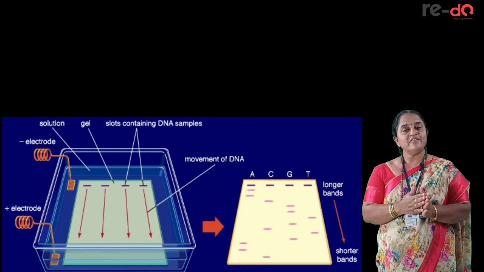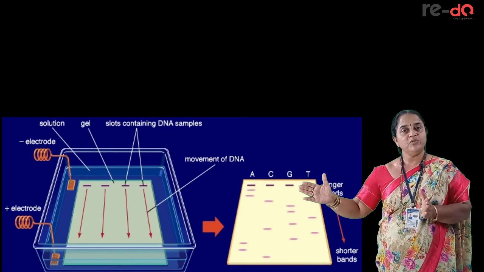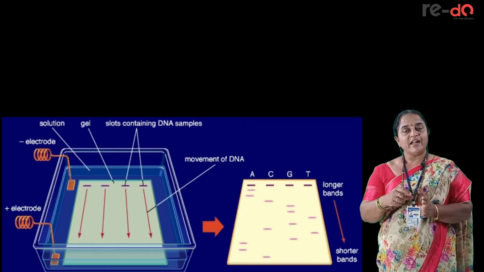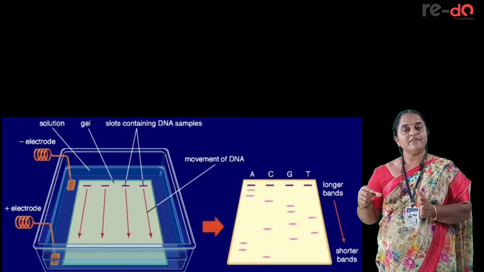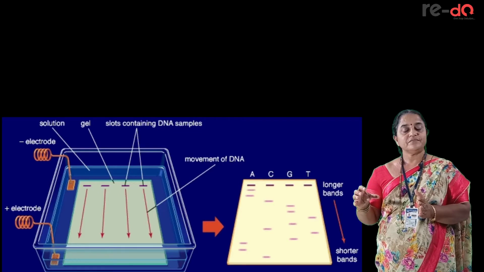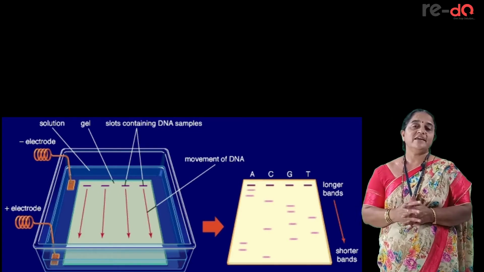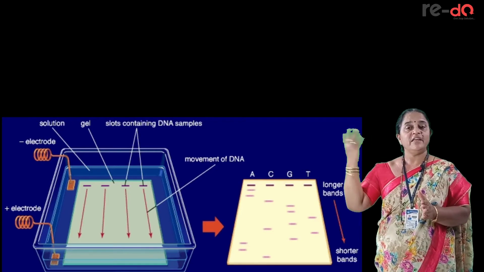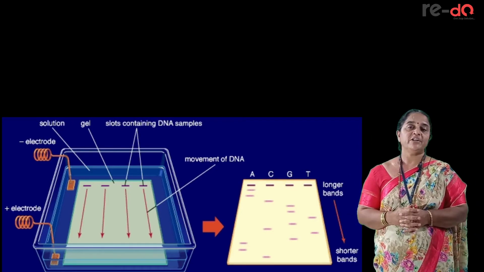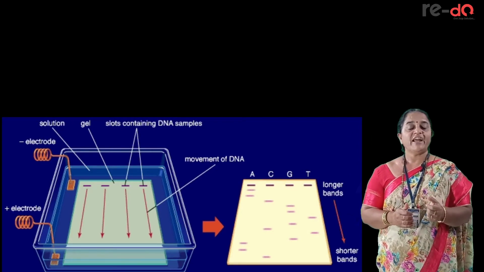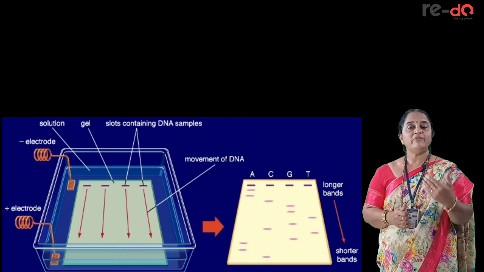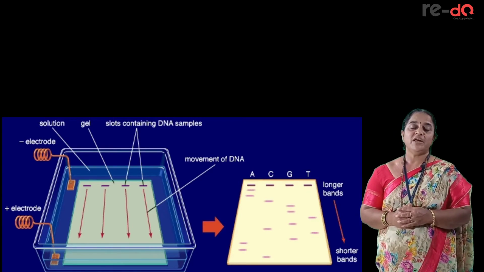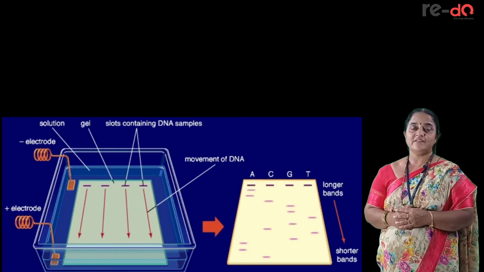These fragments start moving towards the opposite pole, and to visualize them as they move in the gel, we can add ethidium bromide. This reference we will take up in the further biotechnology topic. So the fragments are isolated one by one from the gel after electrophoresis.